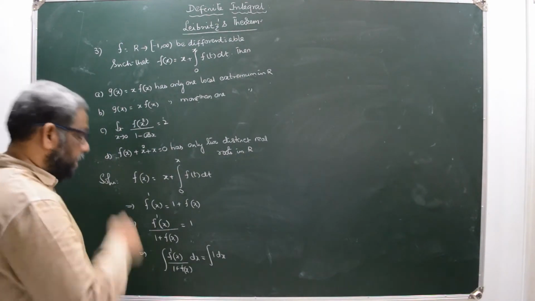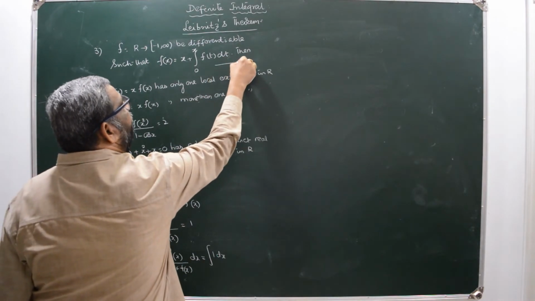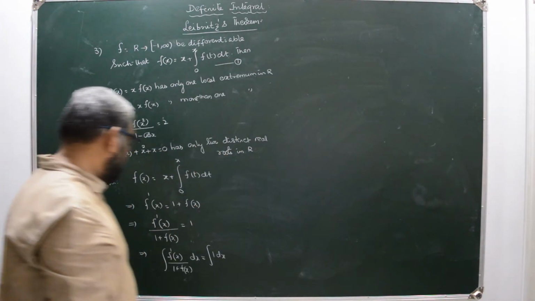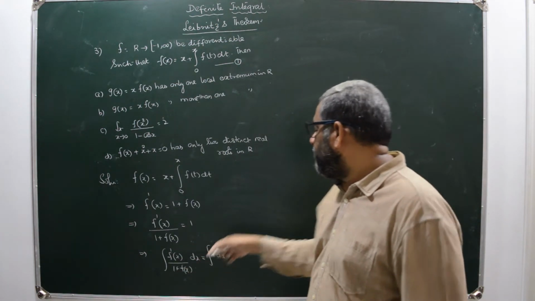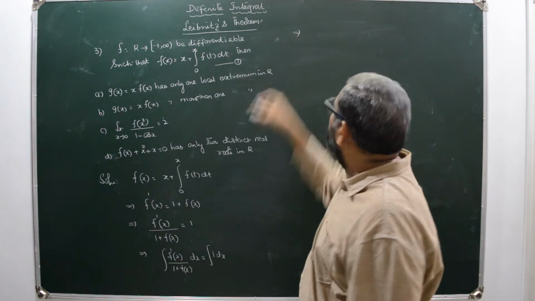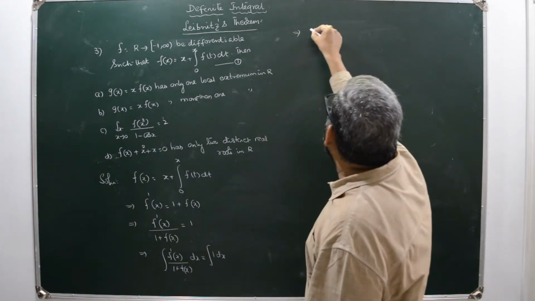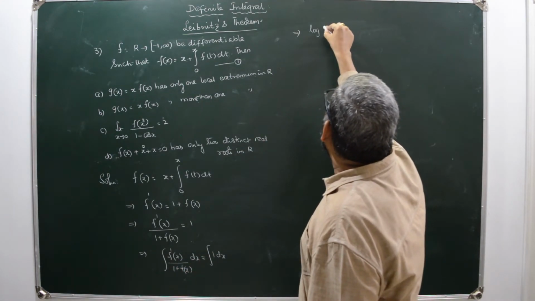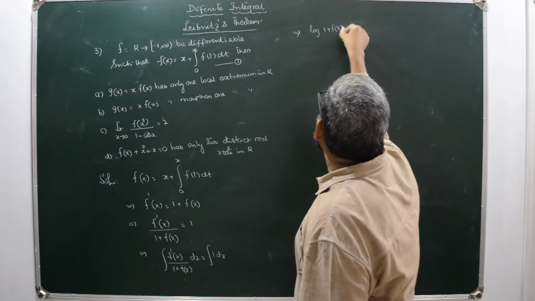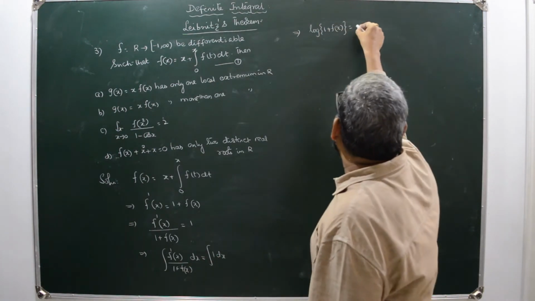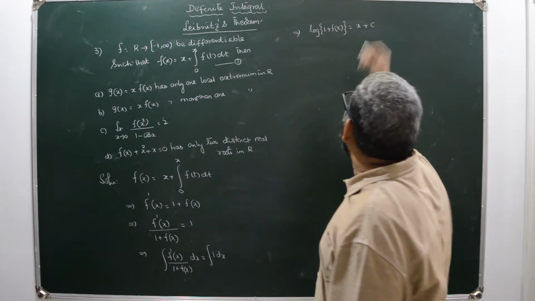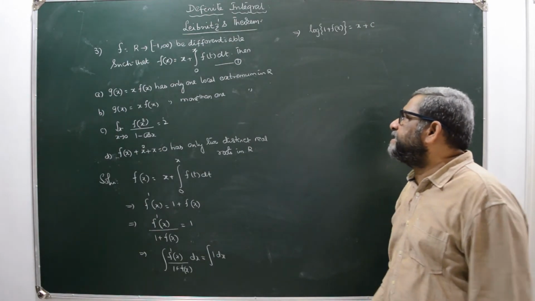I will call this equation 1, and use it whenever necessary. If you put 1 plus f(x) equal to t, this will become dt. So this is log of 1 plus f of x is equal to integral 1 dx, x plus c, where c is the arbitrary constant.